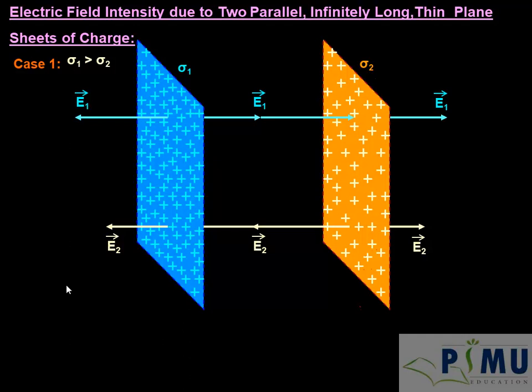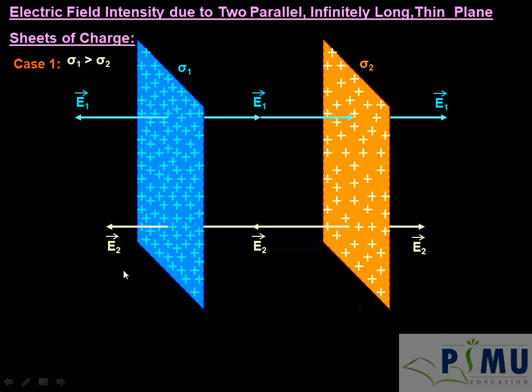Now you see, take this particular point in this region. The electric field due to the first sheet will be in this direction, because it is towards this side, and this is positive charge. So sigma 1 is positive charge density, and the field will be directed away from the sheet.